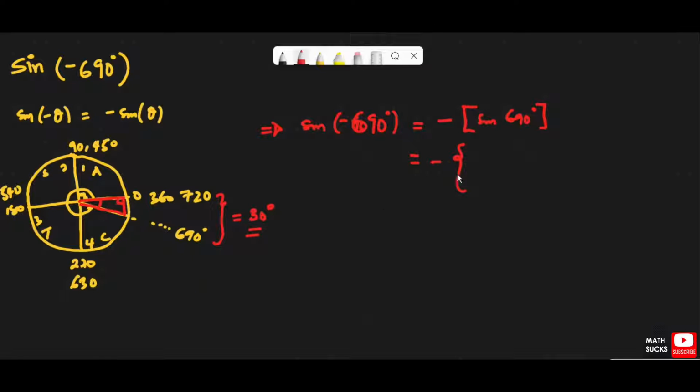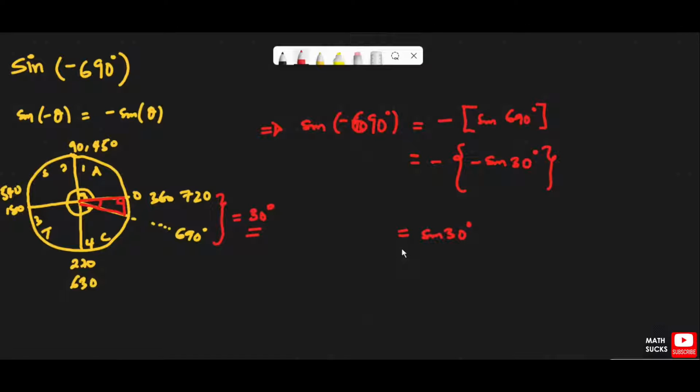So sine of 690 is negative sine of 30 degrees. And if we open up the brackets here, this becomes a positive, and this is sine of 30 degrees.